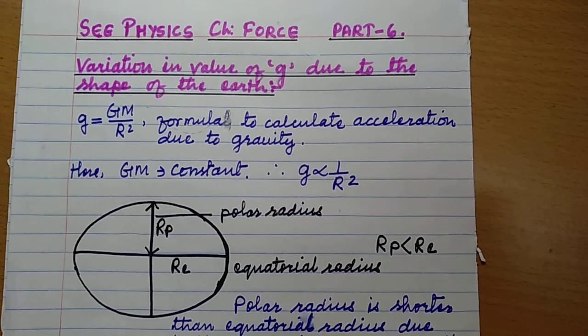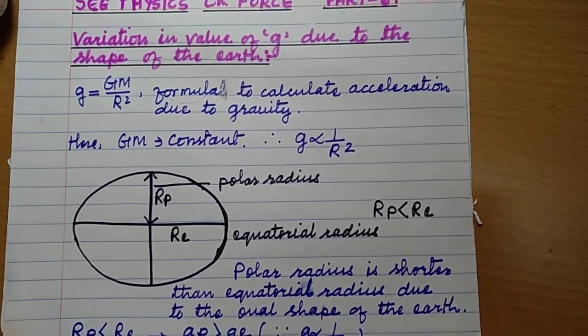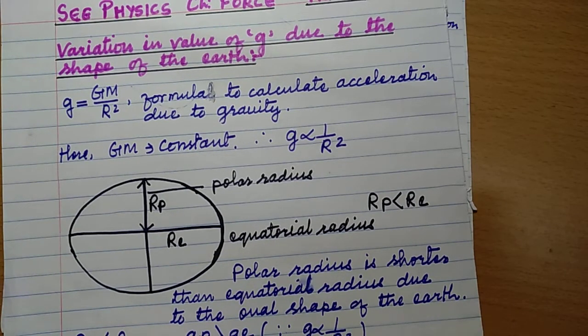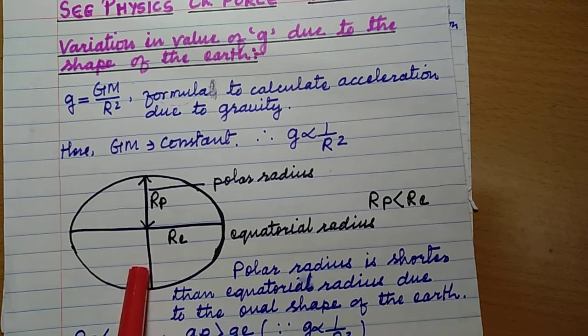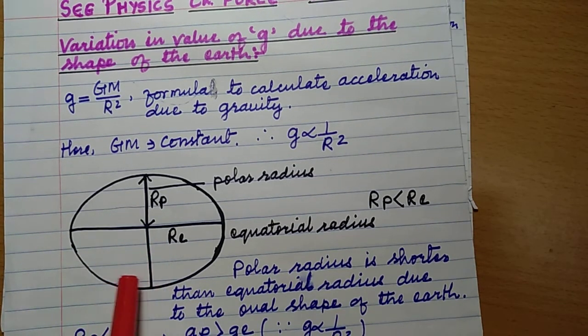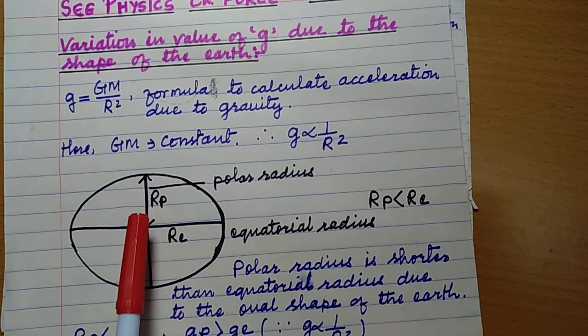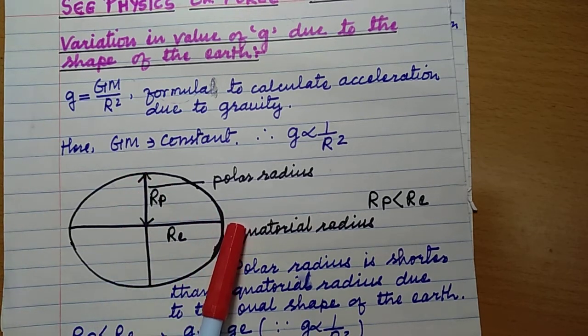Now we know earth is not a perfect sphere. It is not perfectly round. It is a little bit elliptical in shape, meaning oval in shape. It is just like an egg which is flattened at the poles and bulging out at the equator. Orange shaped. So because of the orange or oval shape of the earth, radius is different in length at the polar region and the equatorial region.